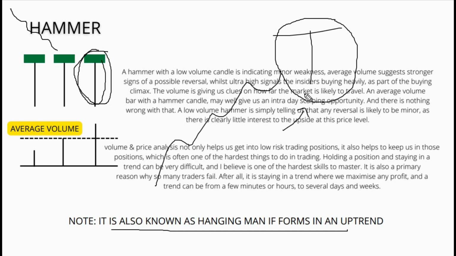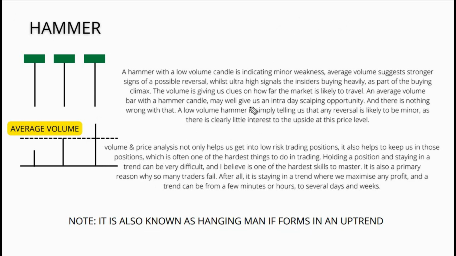If the hanging man is formed with high volume, then this is a cause of concern for the bulls, because this is an indication that market makers or the institutions are coming into the markets, and the trend could now potentially change from up to down, or a deep retracement could come in this uptrend.